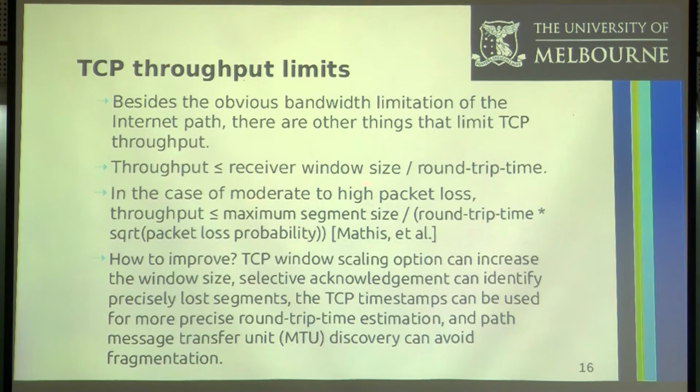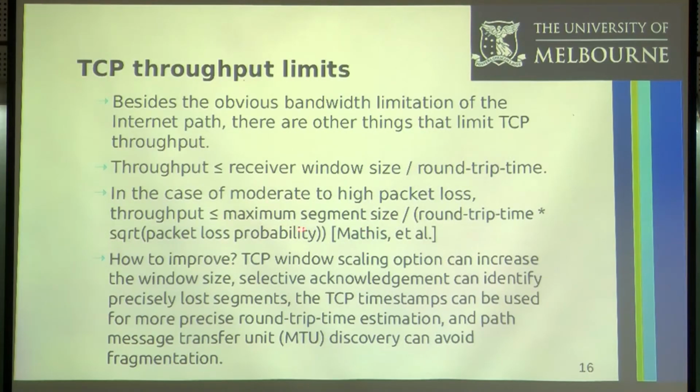That size is divided by the time it takes for the acknowledgements to come back, the round trip time, the time to the destination and back. So the throughput is less than or equal to that. You can increase your window sizes, and we can see that in an experiment as well, changing the window size to try to increase the throughput of a TCP connection.